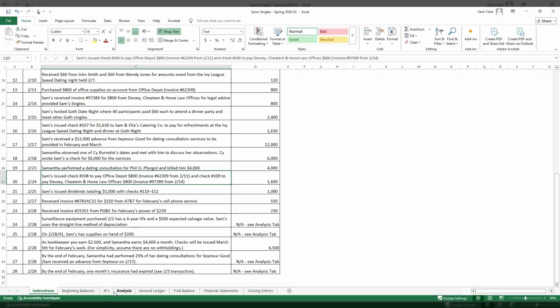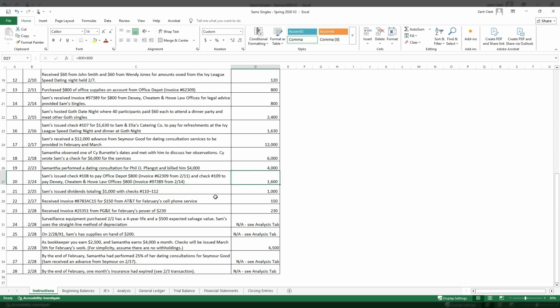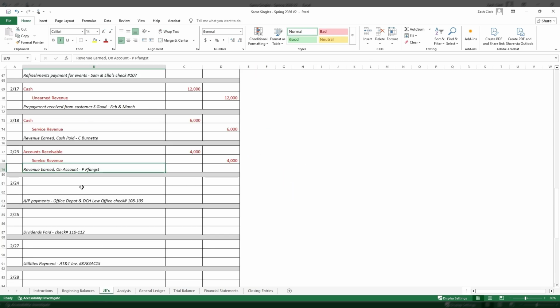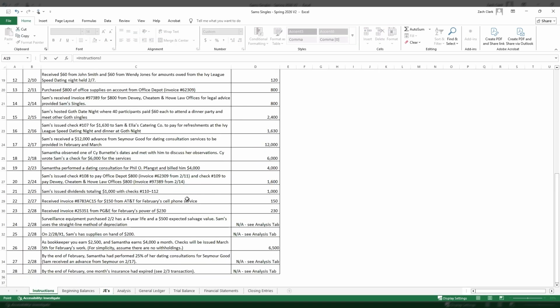Okay, that's looking good. And then on the 24th, we're making some payments here for Office Depot and the legal invoice that we received. So two $800 payments, and those payments are going to be made to reduce outstanding payables that we had. Cash will be reduced as the payment is made. And let's find it here.